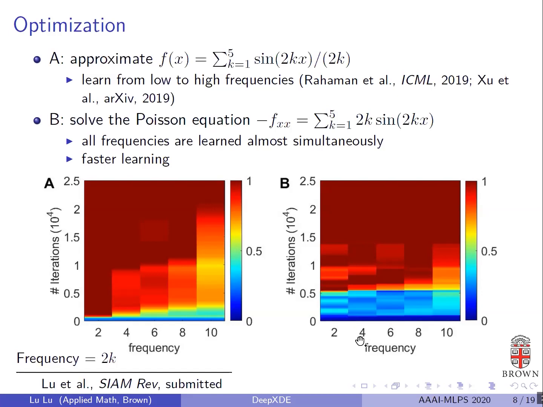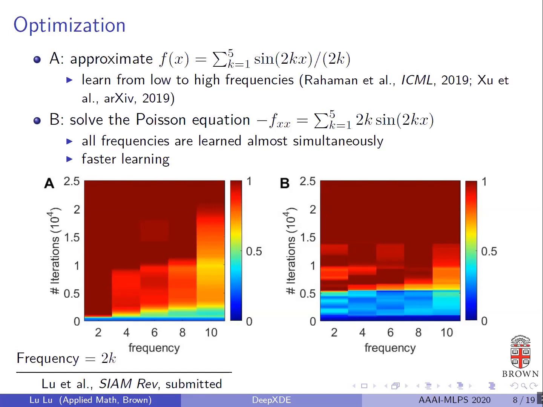As we can see from this figure clearly, all the frequencies are learned almost simultaneously, rather than from low frequency to high frequency. So in these two figures, we can see that by adding the PDE into the loss function, the training trajectory or the learning mode of the network would be totally changed.